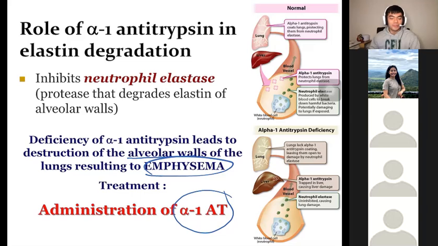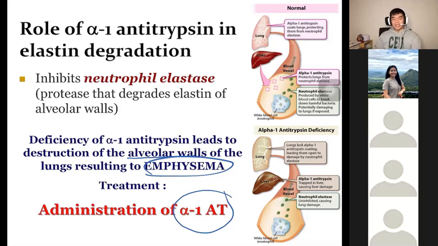Okay, naintindihan niyo ba yung diniscuss ko sa connection ng elastase, ng antitrypsin at elastin? So, pag nag-administer ka ng alpha-1 antitrypsin, it will deactivate elastase. Therefore, mapoprotektahan ba ang elastin sa lungs? Yes or no? Yes. Okay, very good.